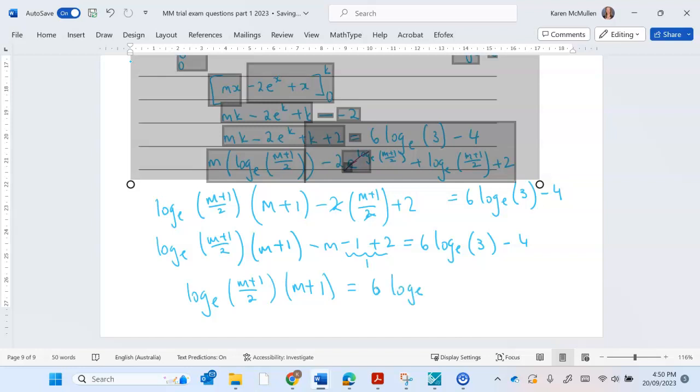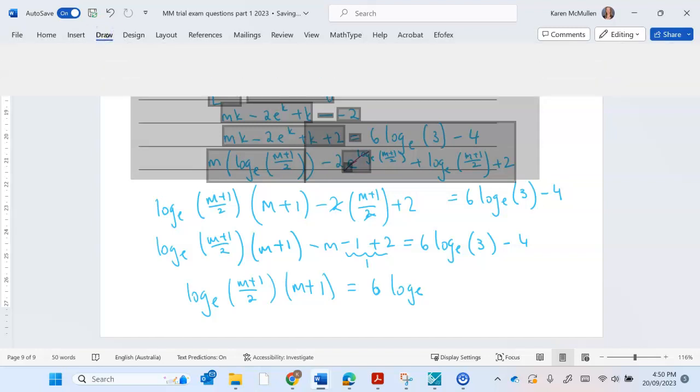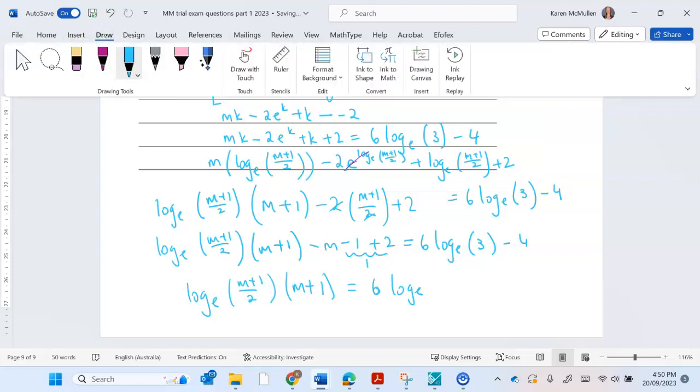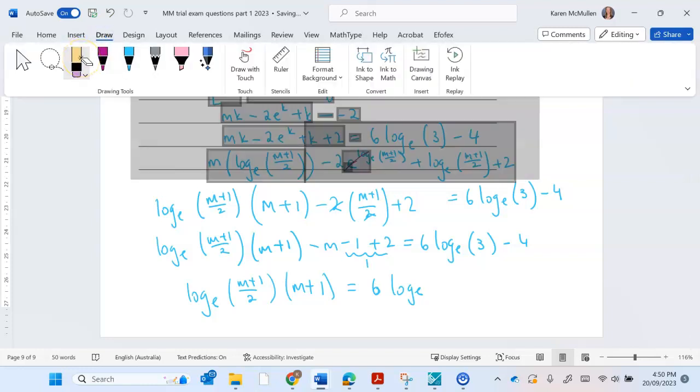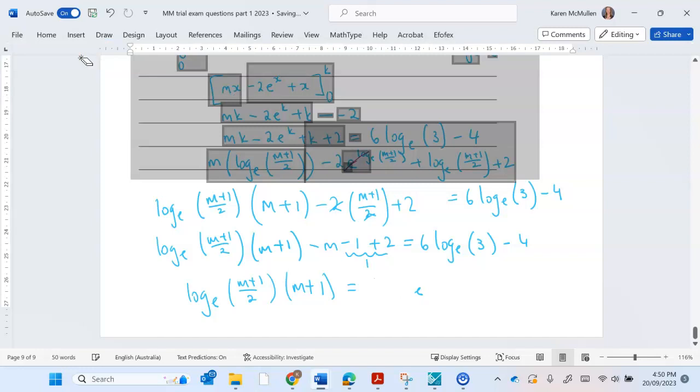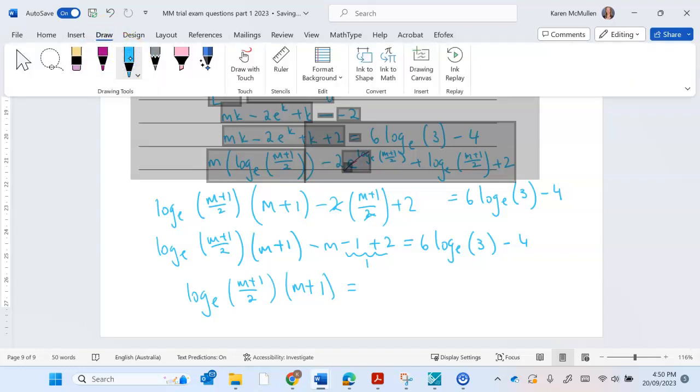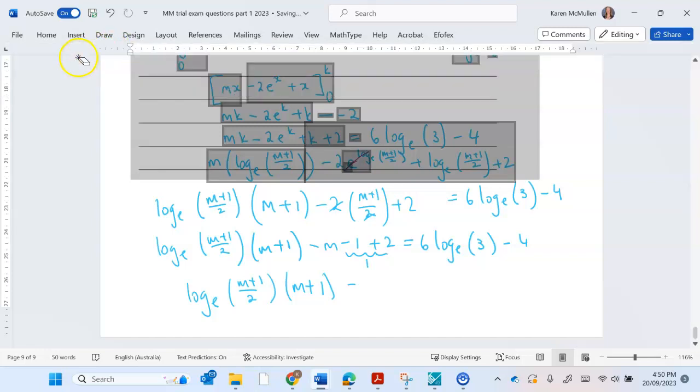Oh, I forgot that minus m. Yeah, my computer's not feeling very well. I can feel it heating up. It's like my brain.